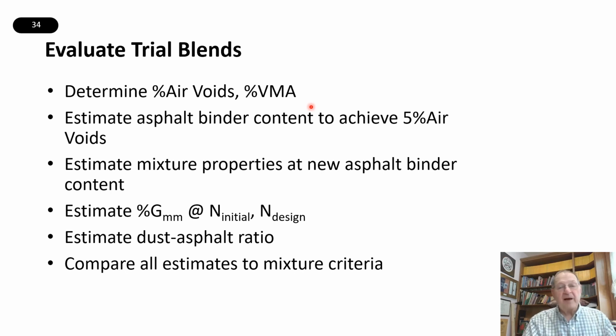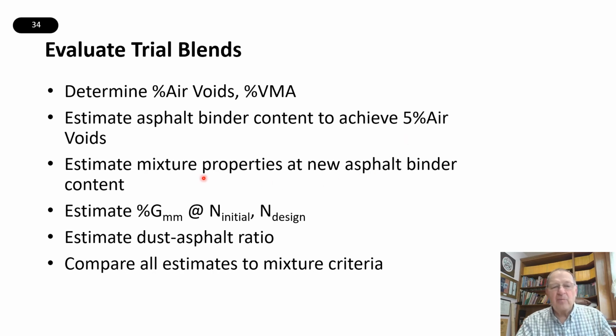Now, maybe by luck of the draw, we were lucky enough to exactly hit 5.0% air voids. Probably not. We probably came somewhere in the ballpark of it, but not exactly it. And so we can estimate the asphalt binder content to achieve 5% air voids for our trial blends.